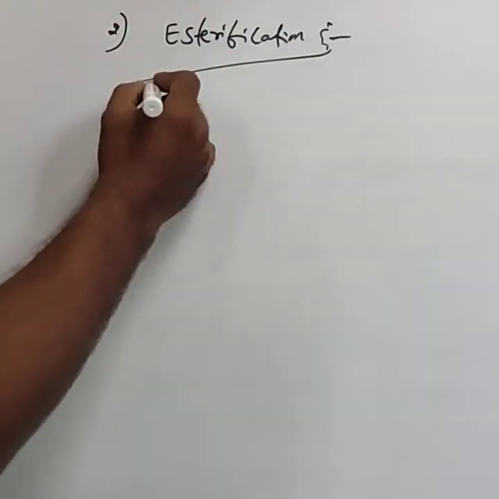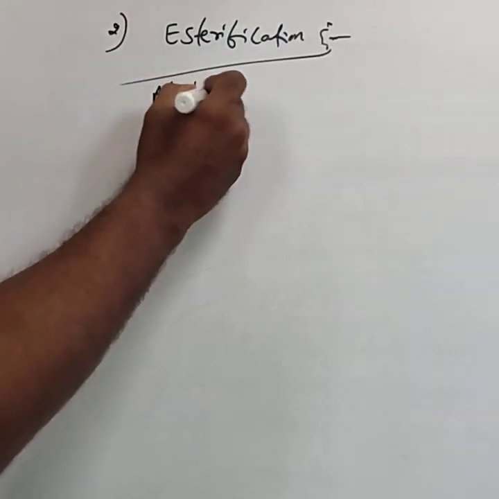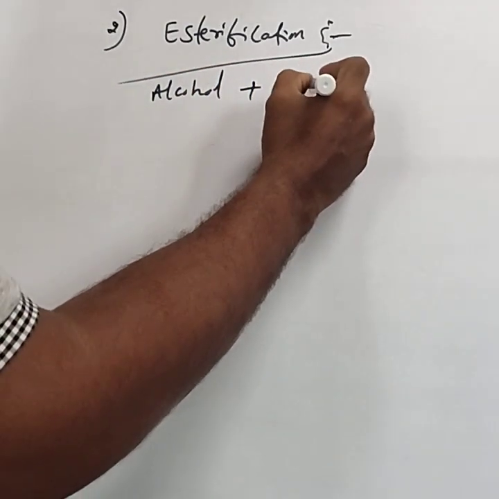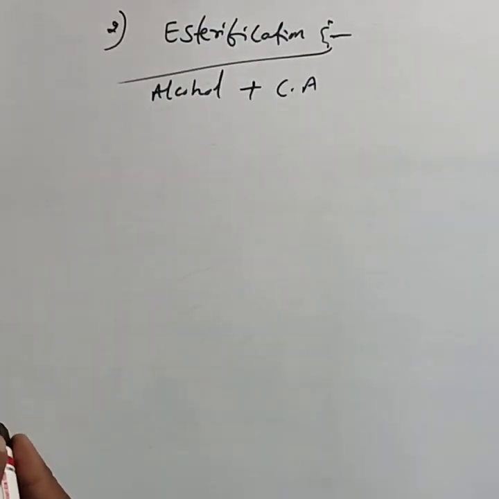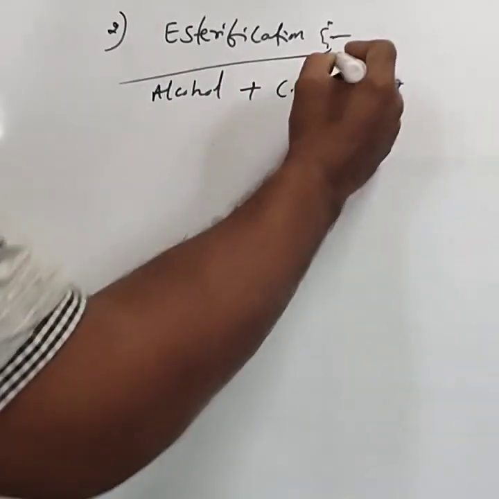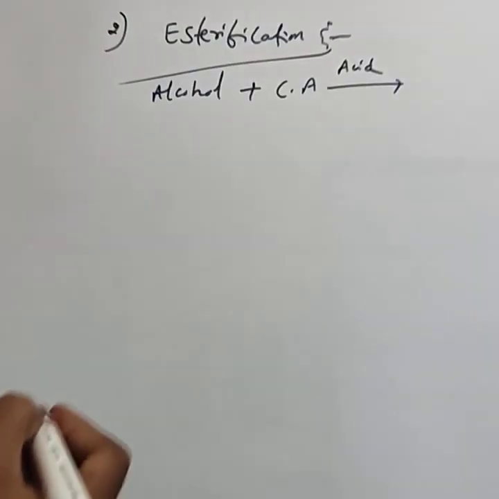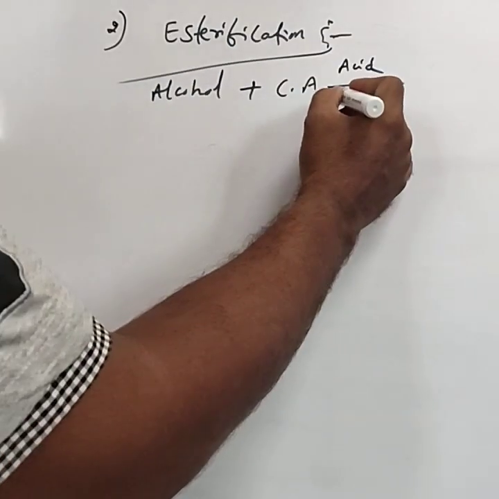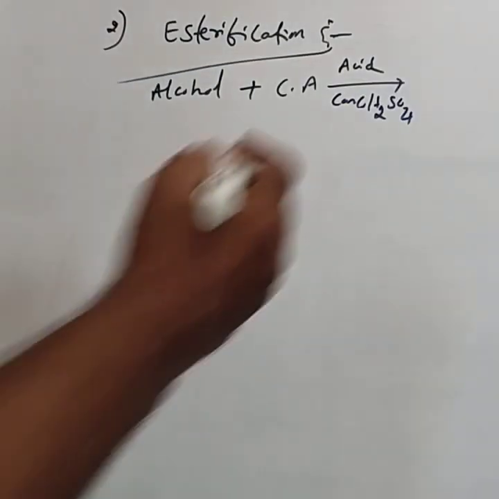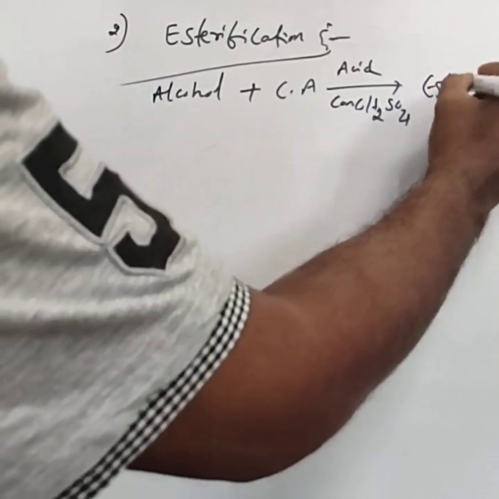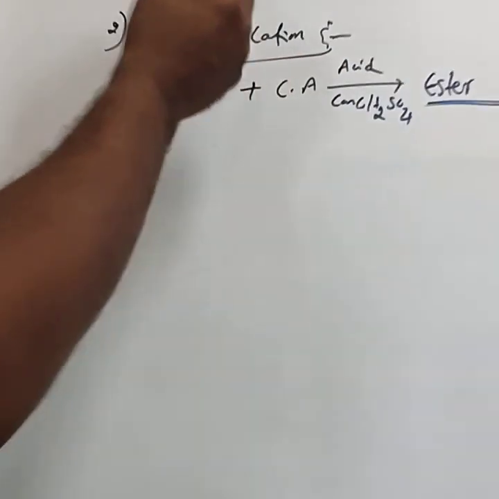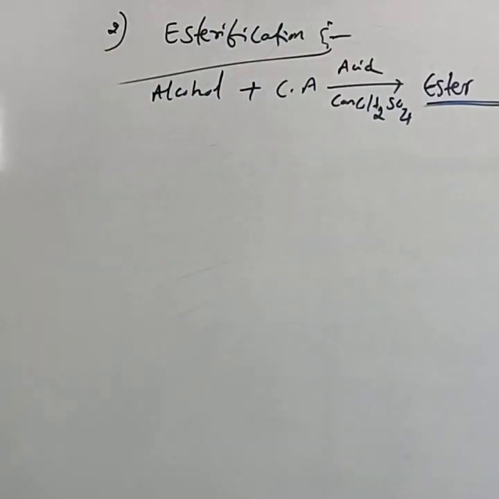The esterification statement: an alcohol when treated with carboxylic acid in the presence of a mineral acid, like concentrated sulfuric acid, results in the formation of the ester. Esters are formed. This reaction is called esterification.